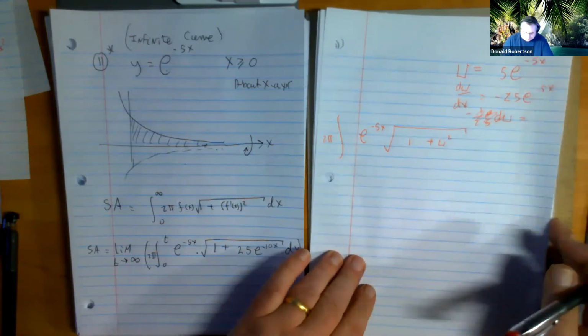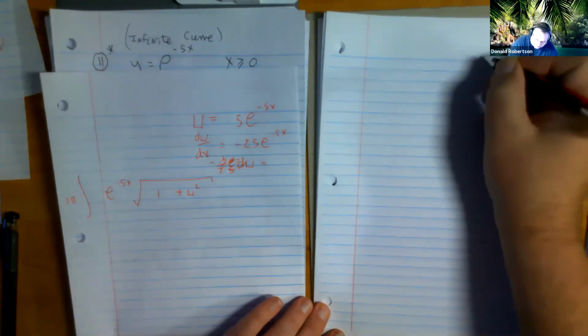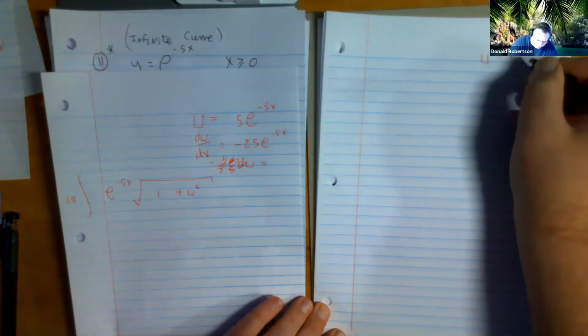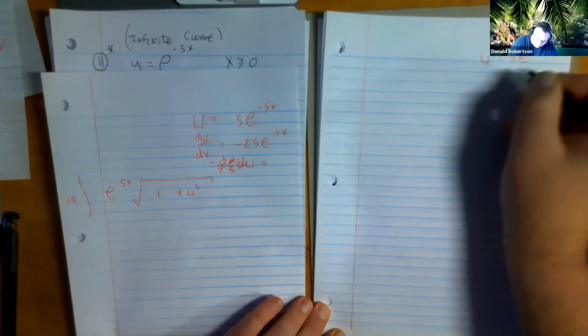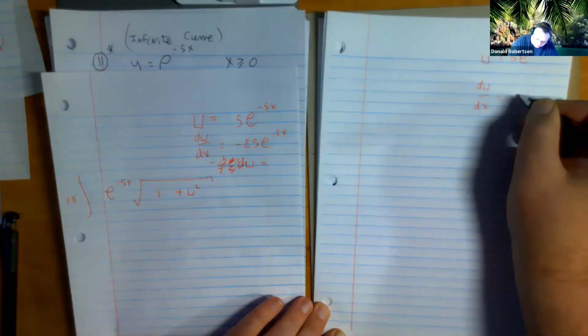Oh, yeah, I better do that again. I've given myself far too little room. So I'm just rewriting this again with more room. If you differentiate with respect to x, you get this guy.